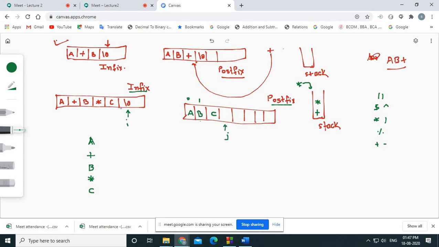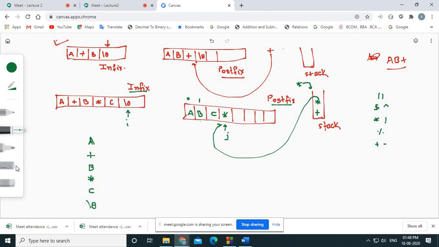Okay. Now here we have a null character. If we are getting a null character, what we need to do? We need to pop all characters from the stack and insert them into the postfix, right? So stack is a LIFO implementation. Which last operator you have inserted? It is a star. So star will come and that star I will put here.